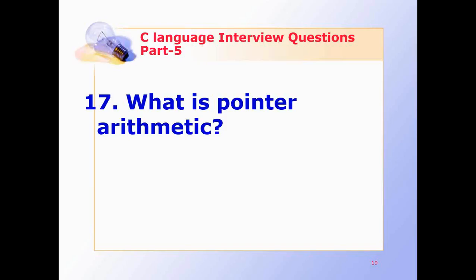This operation will move the pointer to the next memory location without impacting the actual value at the memory location. If the pointer points to a character whose address is 1000, then the above operation will point to the location 1001, because the next character will be available at 1001.